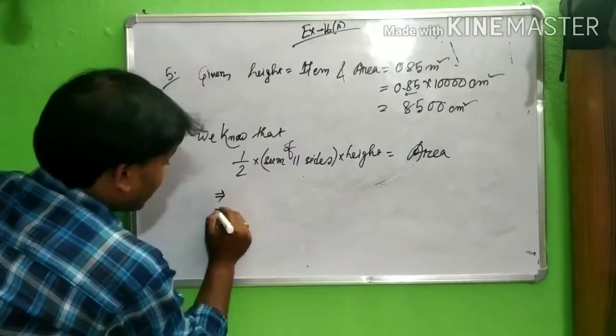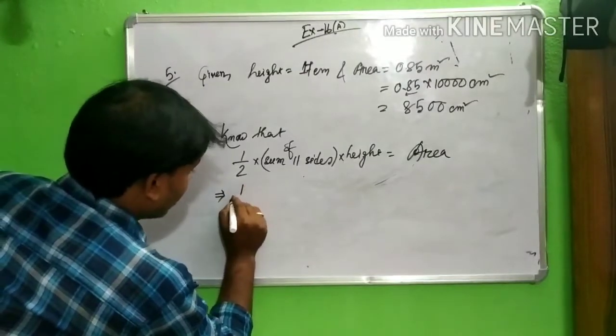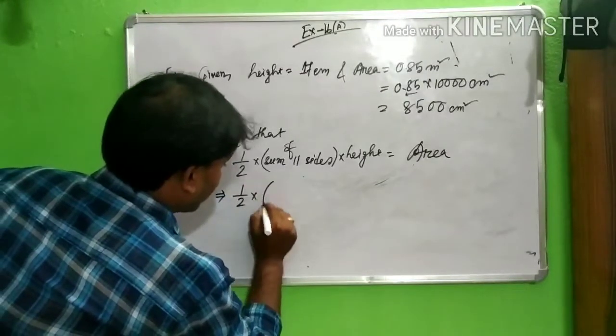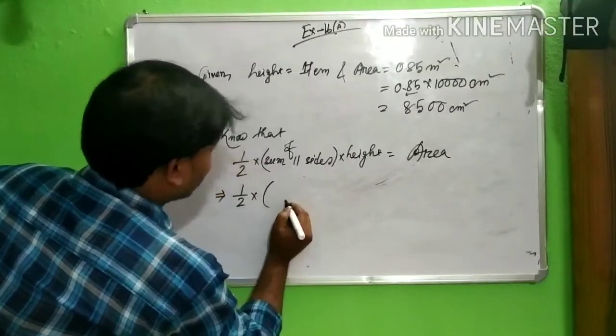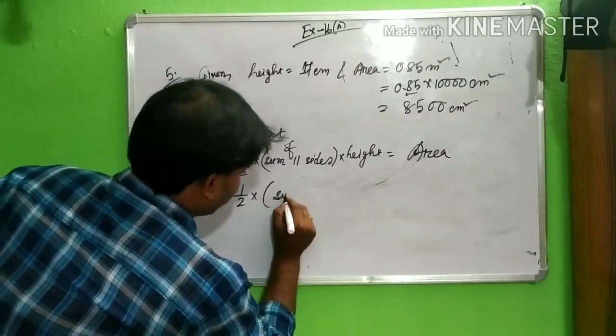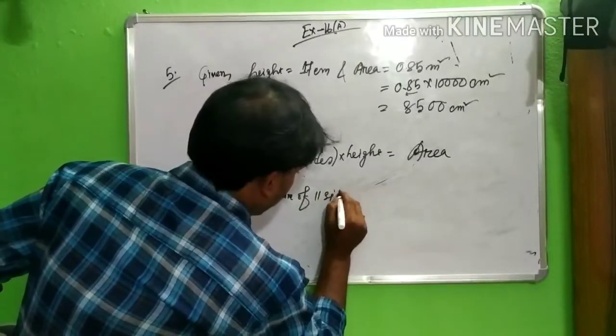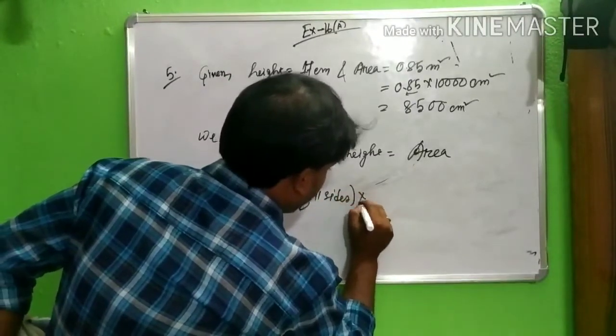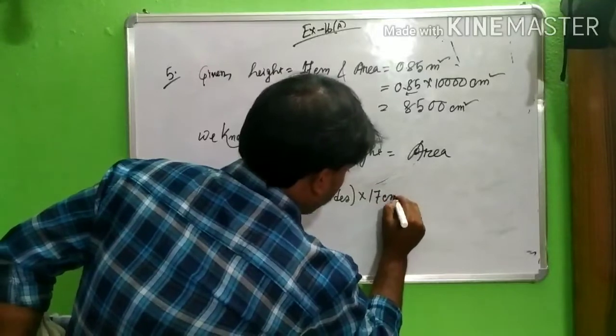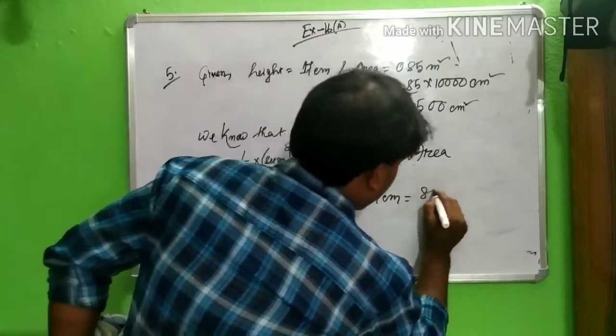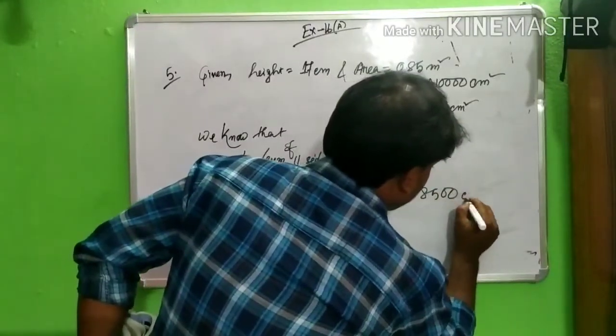Put the value: half into the sum of parallel sides into 17 centimeter equals 8500 centimeter square.